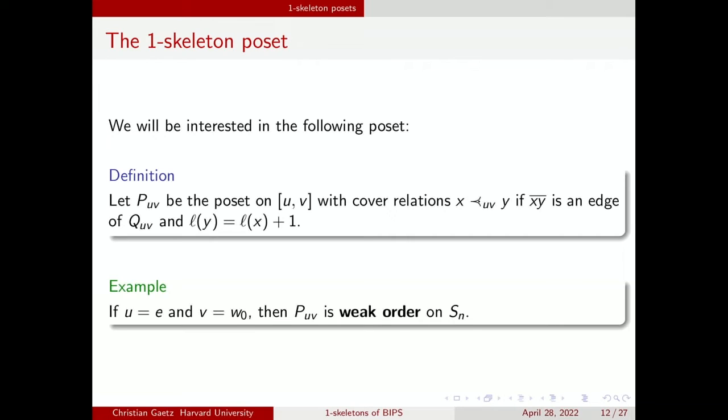This is the partially ordered set whose elements are this interval, but I'm not going to use all of the cover relations from Bruhat order as before. Instead, I'm going to only use those if you're actually an edge in my polytope. I'll show a picture on the next slide.